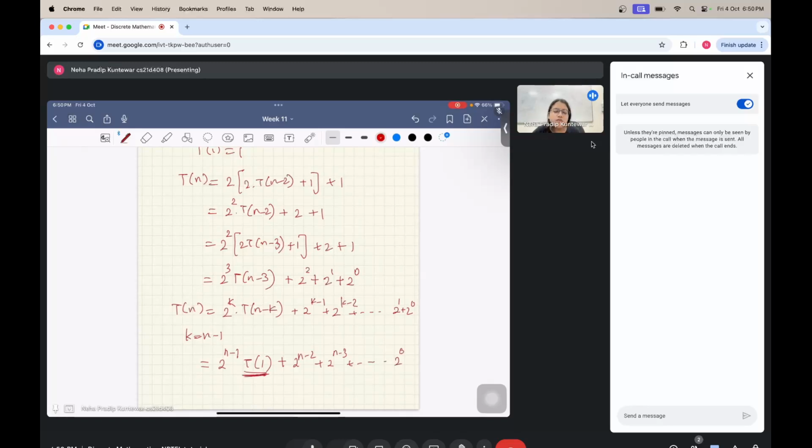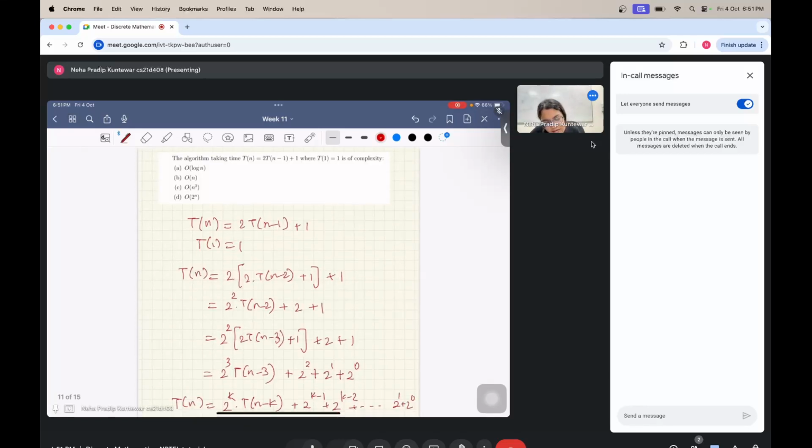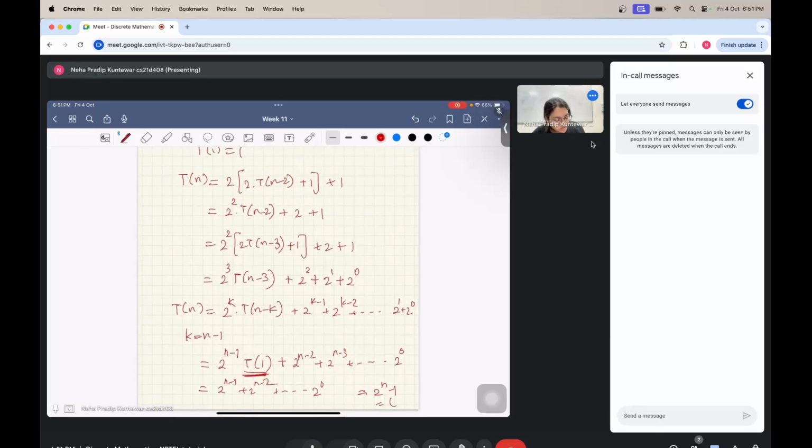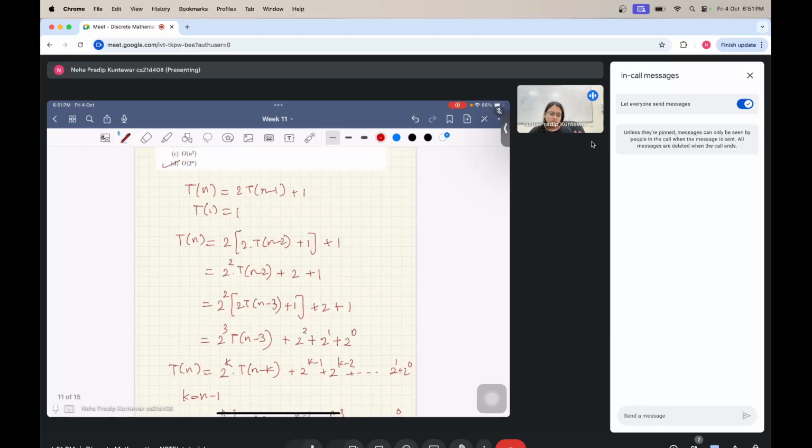We know that t of 1 is nothing but 1. So this turns out to be 2 to the n minus 1 plus 2 to the n minus 2, and so on up to 2 to the 0. This is just a geometric progression whose answer turns out to be 2 to the n minus 1, and that is order 2 to the n. So that's the answer for this.